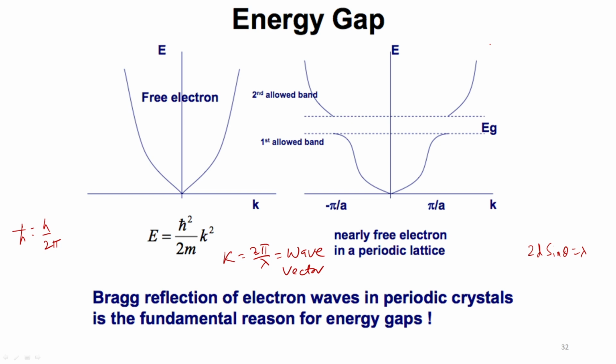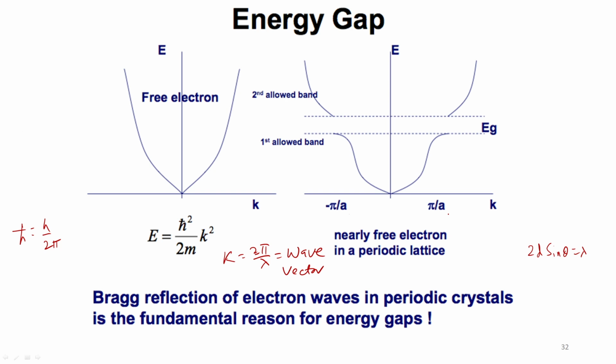You can clearly see you are plotting from minus pi by a to plus pi by a, where a is the lattice constant. It is the lattice parameter of the cubic crystal we have seen. In between, you have a forbidden energy gap, what is called Eg. This is the fundamental reason why you have energy gaps in crystalline materials.